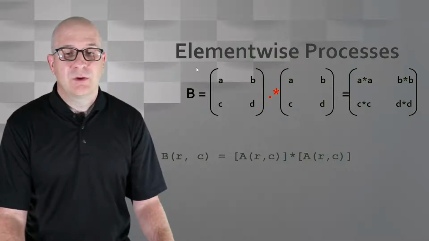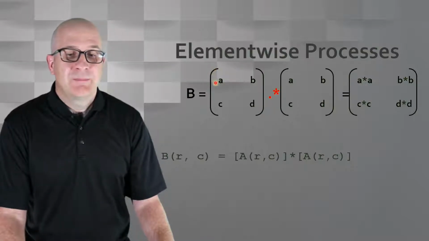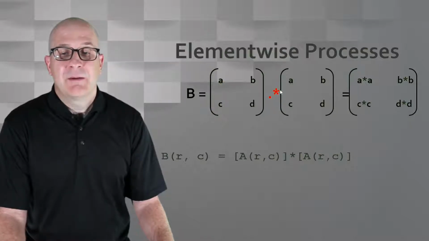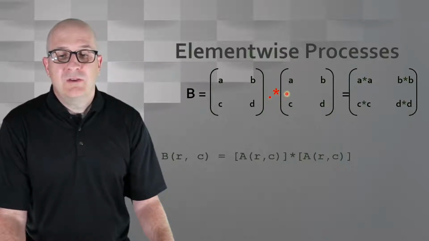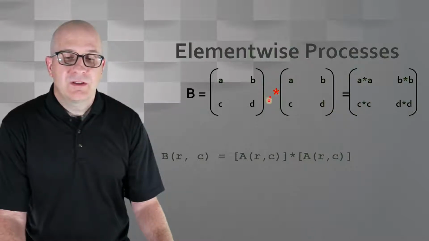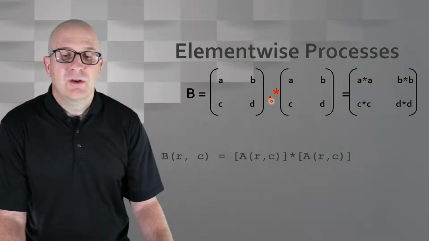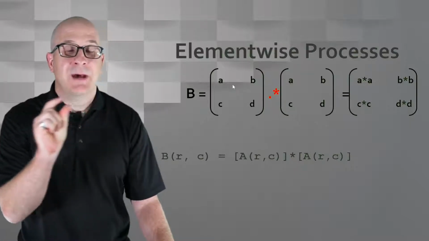And in this case, you might take each element of the matrices being operated on, and in this case multiply this element A by this element A here to get A multiplied by A. And when we talk about an element-wise process, we put this little dot here. So we put dot multiply here to indicate that we're going to go element by element.